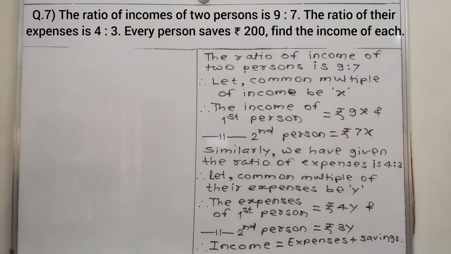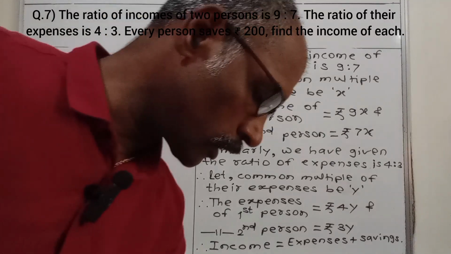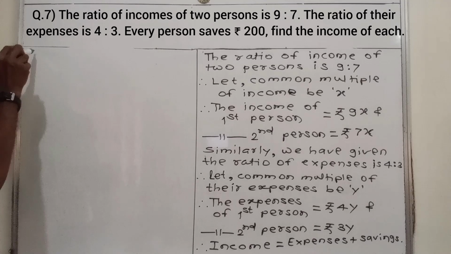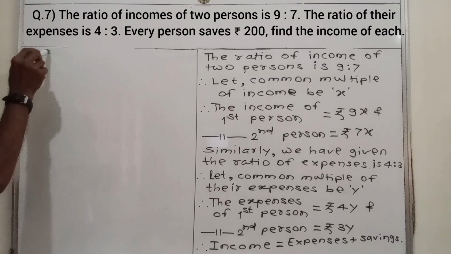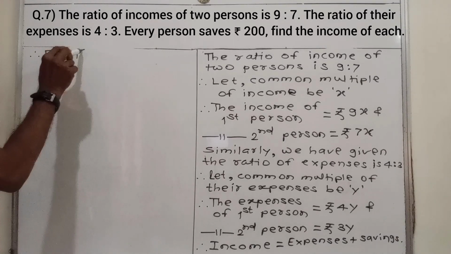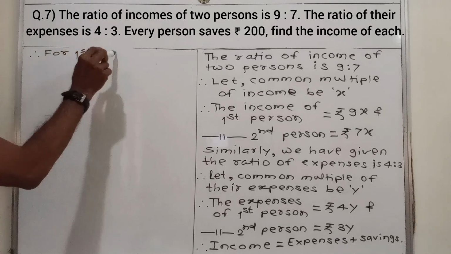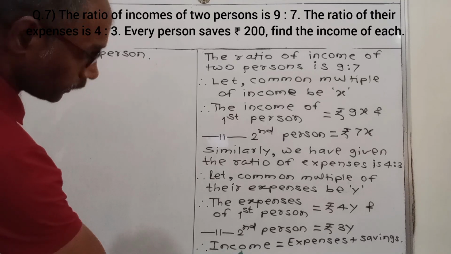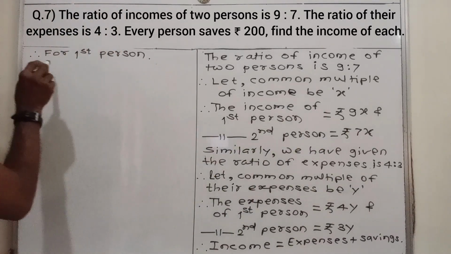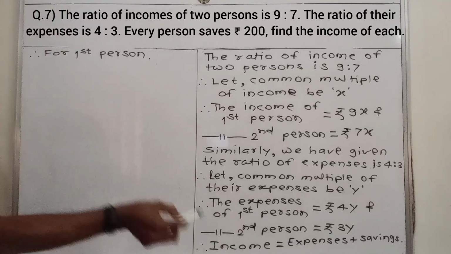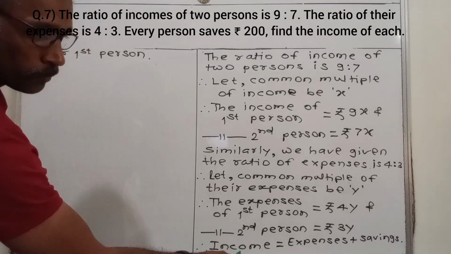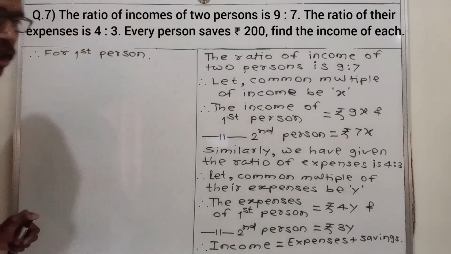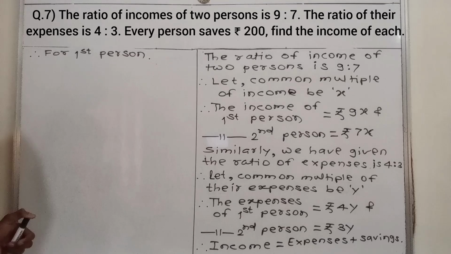Now, say this carefully. Therefore, for first person, see here. For first person, what is the income of first person? This is the general formula. Means income of first person is equal to expenses of first person plus savings of first person. Did you get it? Yes.